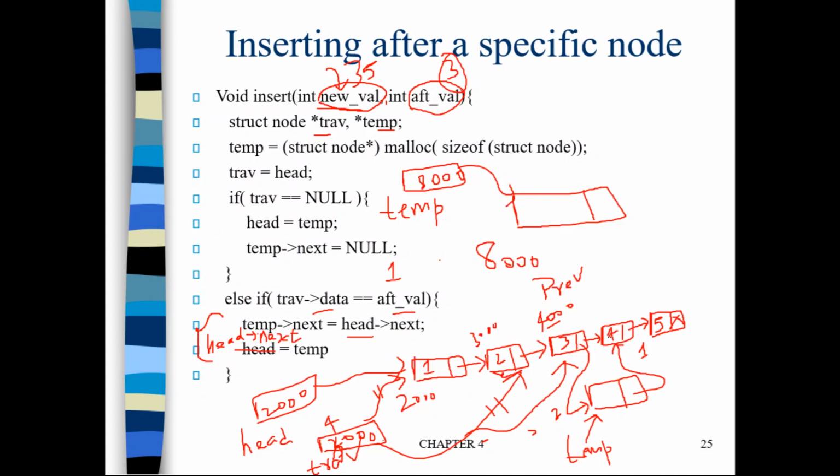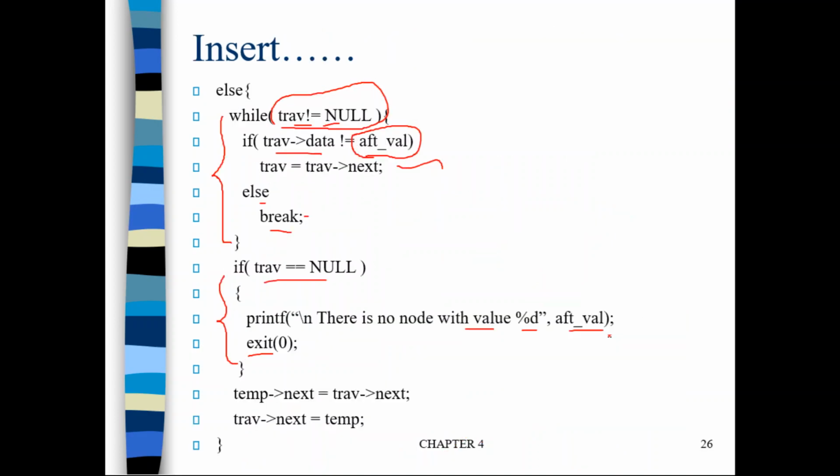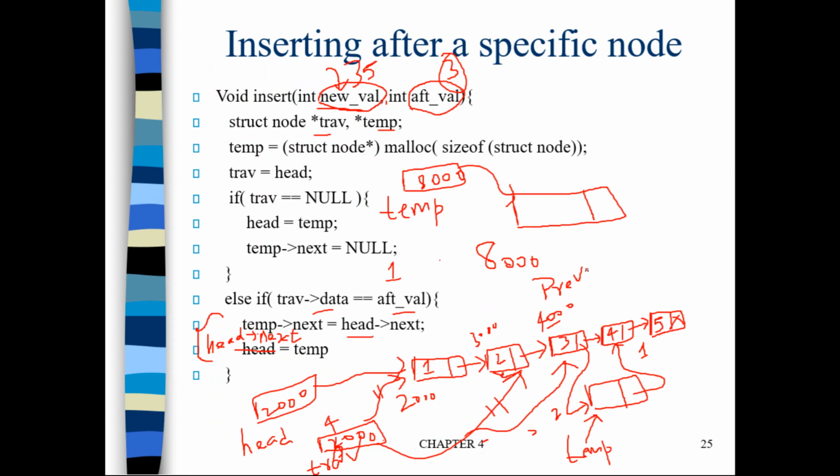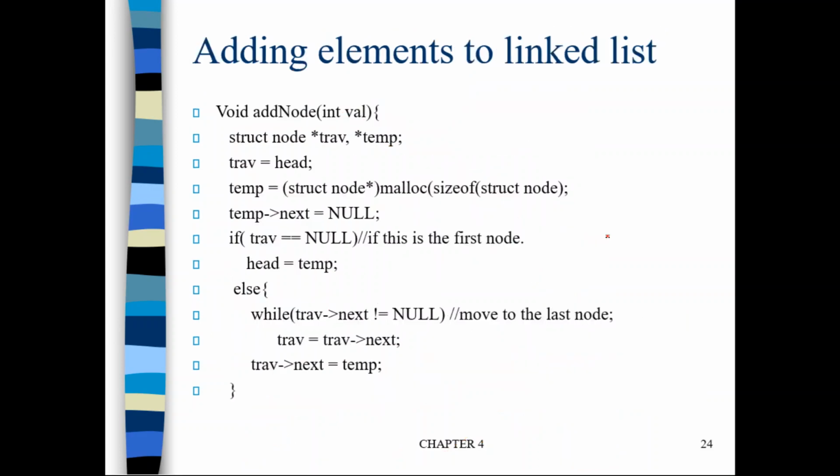Sorry, this is not prev, this is traverse, I named it wrongly. Our traverse is the one which is pointing to the node after which we want to insert. So temp arrow next is equal to traverse arrow next.